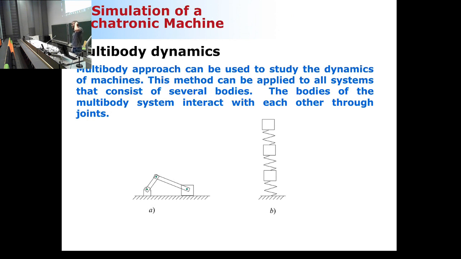So the first one is, or is not? Is. Okay, so you say this is a multibody system, but why not this? This is multiple bodies, one, two, three bodies. It's linear, but that's all right. I can make this nonlinear, so that's not the limiting factor here.